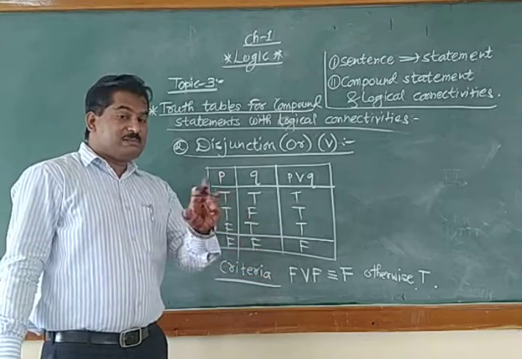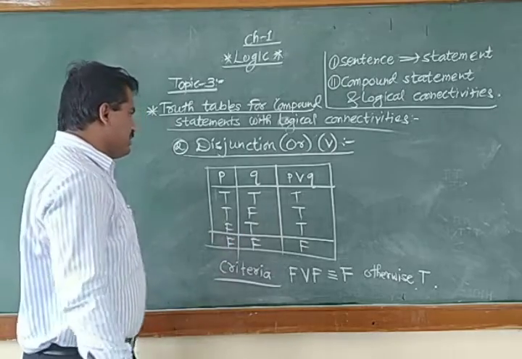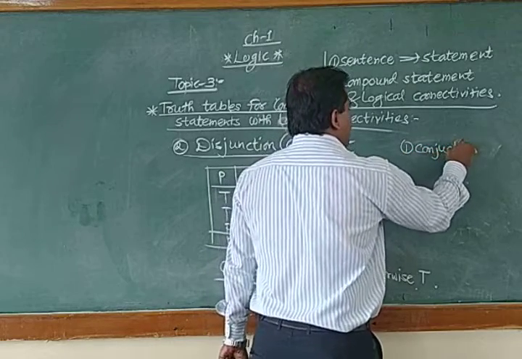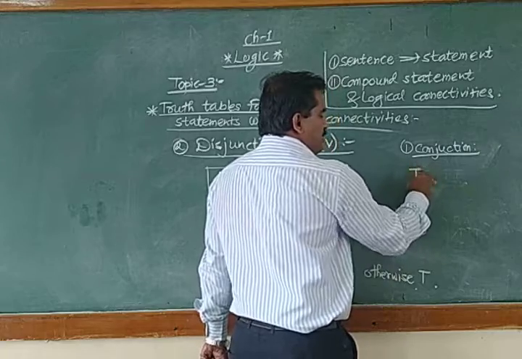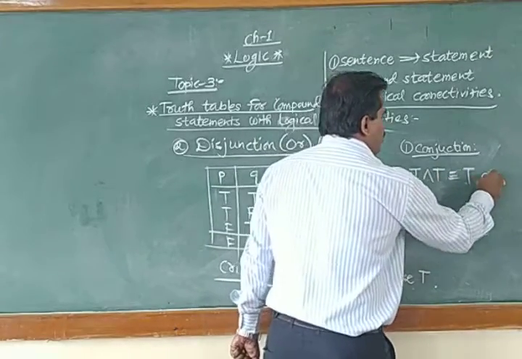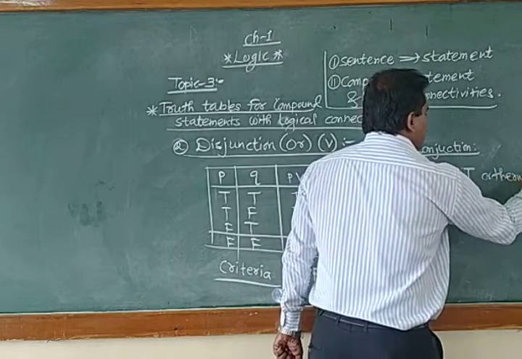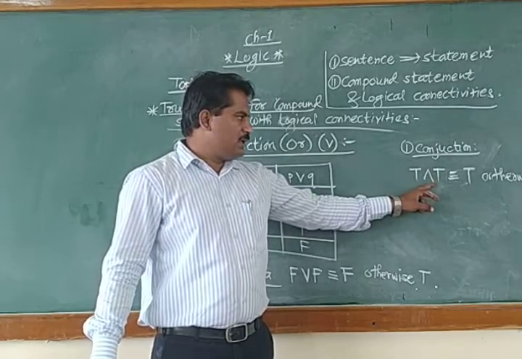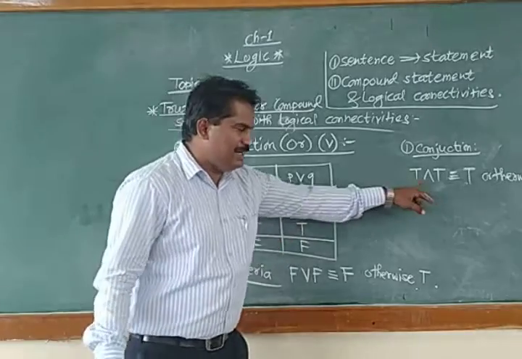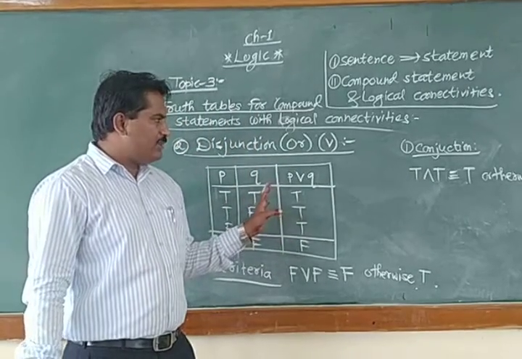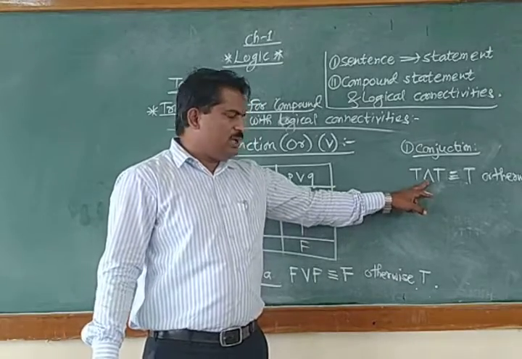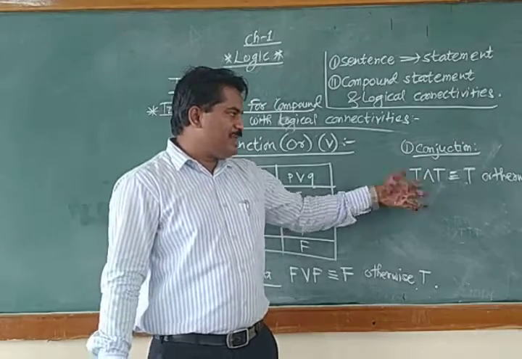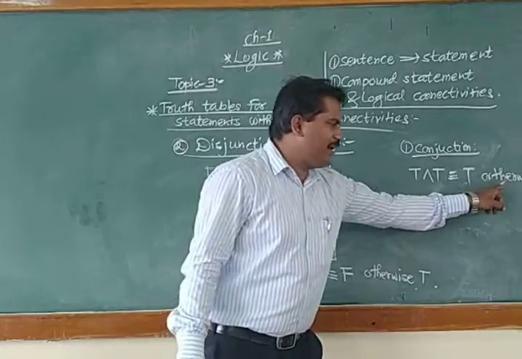What is the specification of the truth table? In the last truth table, for conjunction, T and T is T, otherwise F. This criterion gives the whole truth table, because if one case of a different nature is given, then the other cases are given by 'otherwise'.